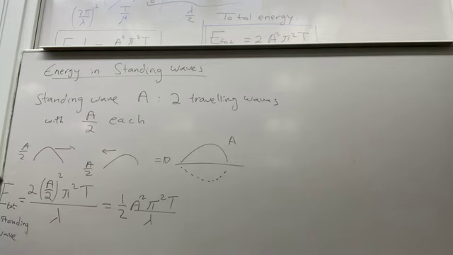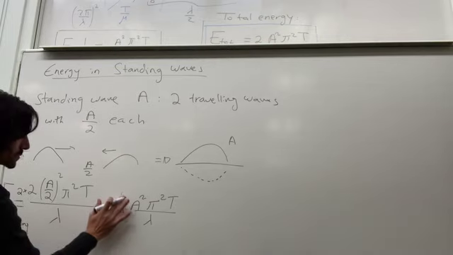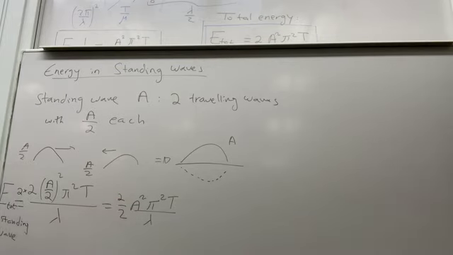This is the total energy of a single traveling wave. So if we want 2, then I have to multiply this by 2, right? Because the total energy, not the kinetic energy, is twice A squared pi squared, the amplitude squared pi squared times t over lambda, and the amplitude here is A over 2 for one traveling wave, but we have a second one, so we have 2 times this whole thing.